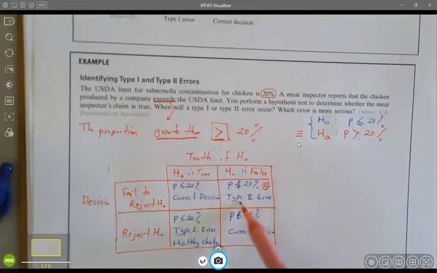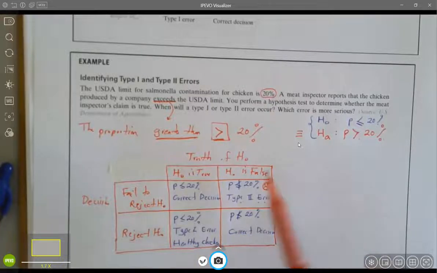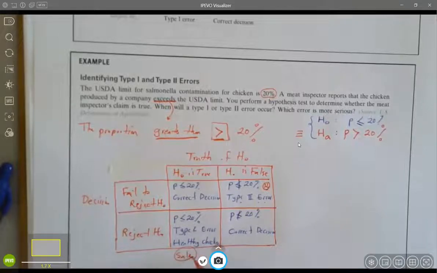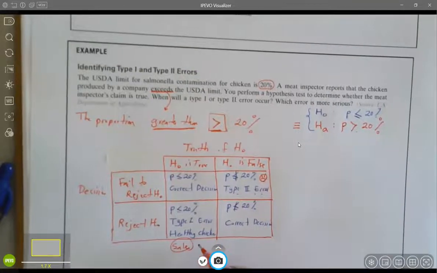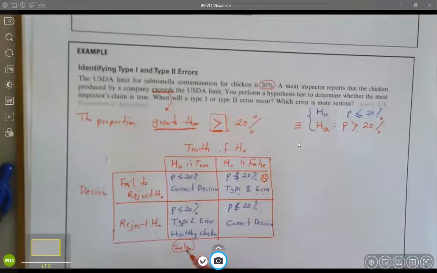So type 2 error is more serious than type 1 error. In type 1 error, you made a mistake. The level of contamination is less than or equal to 20%. It means that the chicken is healthy, but you made a mistake and claim that, hey, the chicken is not healthy, and you threw the chicken away. You might hurt the sale, but you're not hurting people's safety and health.